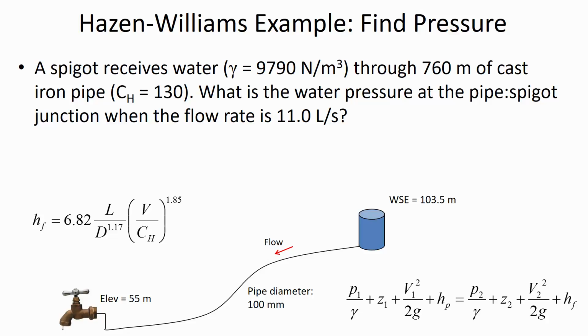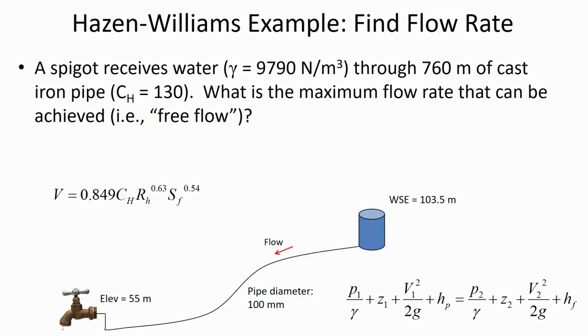And so it's literally like a local loss where you're losing all of the remaining pressure head as the water flows through that valve. And so if you draw the EGL drawing for when the valve is partly closed, then it would be like a sudden drop.